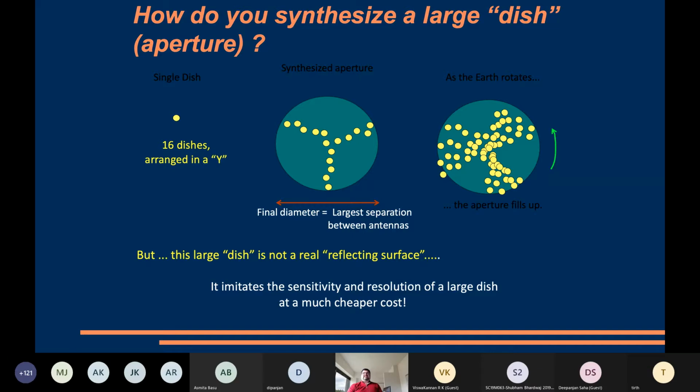We will come to this a little bit later, but you can imagine as you're looking at one particular part of the sky and your Earth is rotating, it appears like this entire thing is also rotating in projection. So this has an effect in the final Fourier space sensitivity. We will come to that a little bit later.